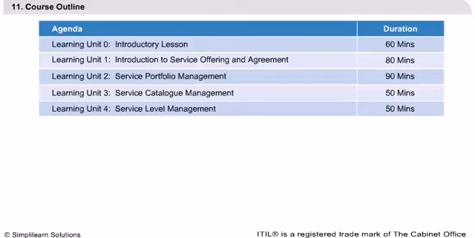Learning Unit 4 introduces the Service Level Management (SLM) process and how it contributes to SOA. It provides a complete overview of the objectives, scope, and the importance of SLM as a process to generate business value. SLM policies, principles, concepts, activities, methods, and techniques are explained in relation to SOA practices, including SLA structures and determining service level requirements.